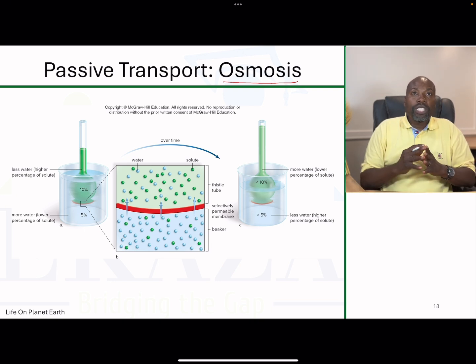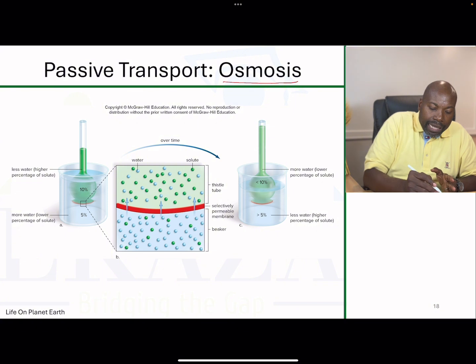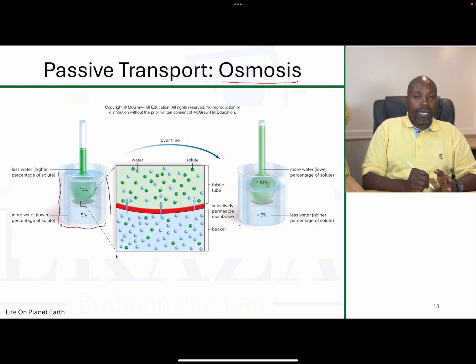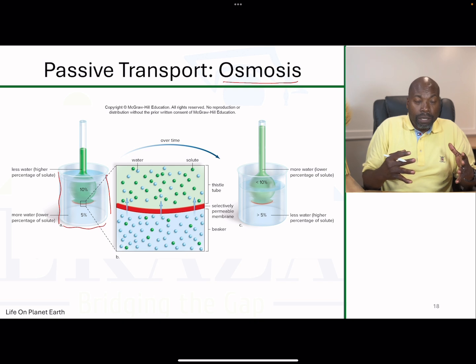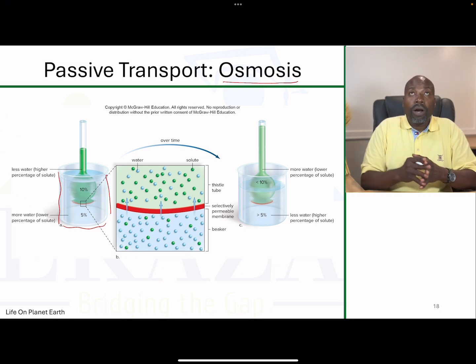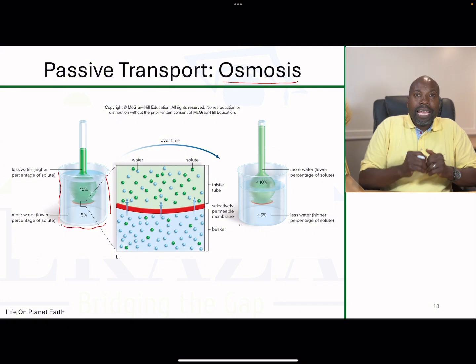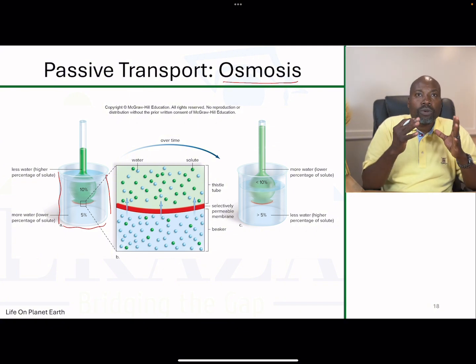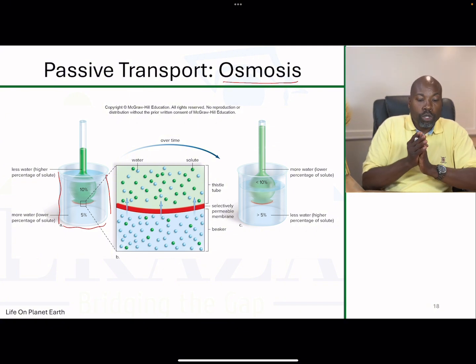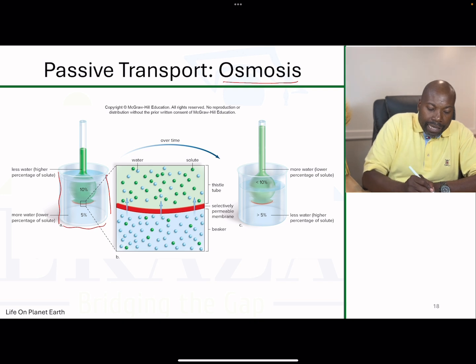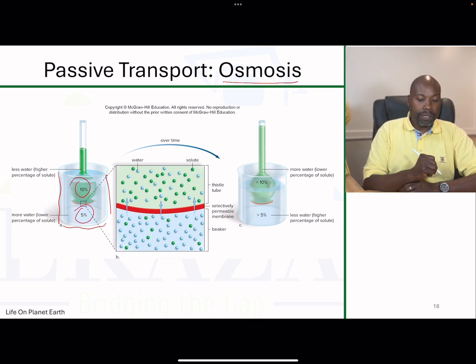So we are going to consider that the cell is in some kind of bucket, right? That bucket being our body, or the body of the deer, or the body of an oak tree, right? And then we are going to ask, what is the concentration of the solutes inside of the cell versus outside of the cell?